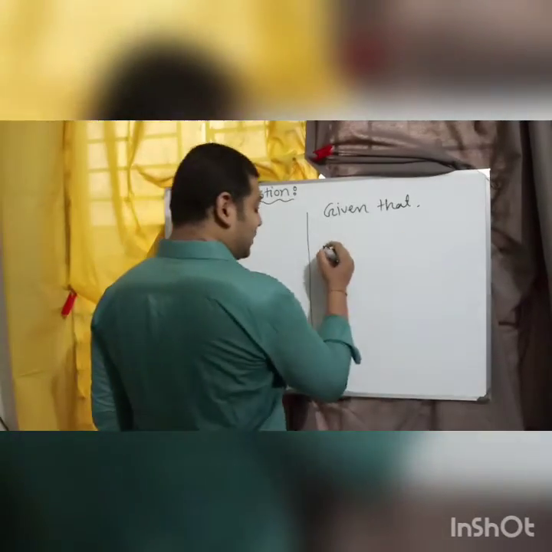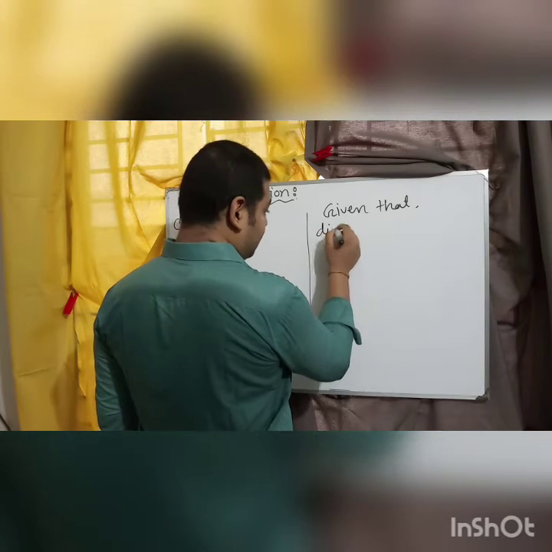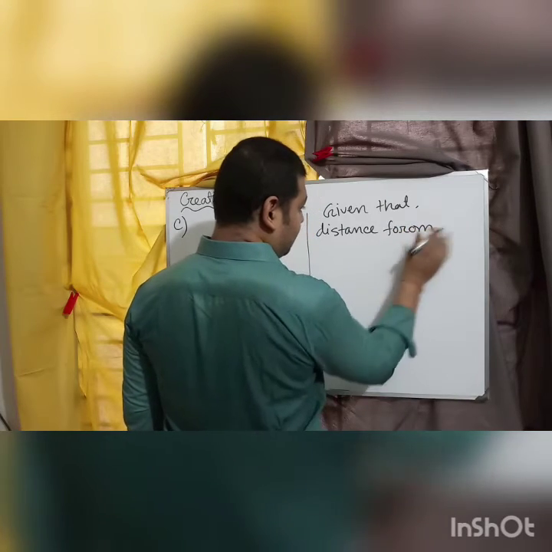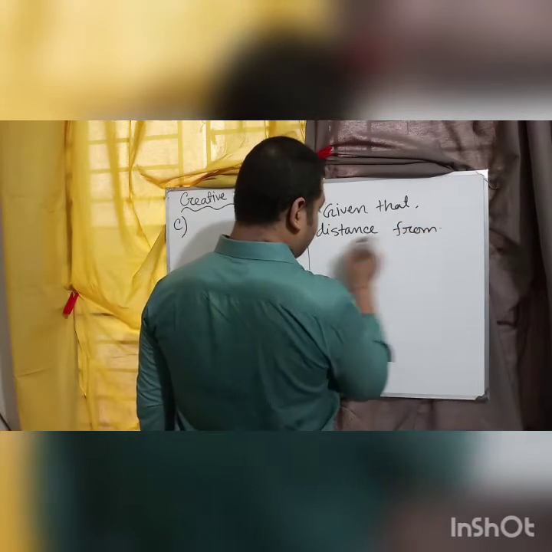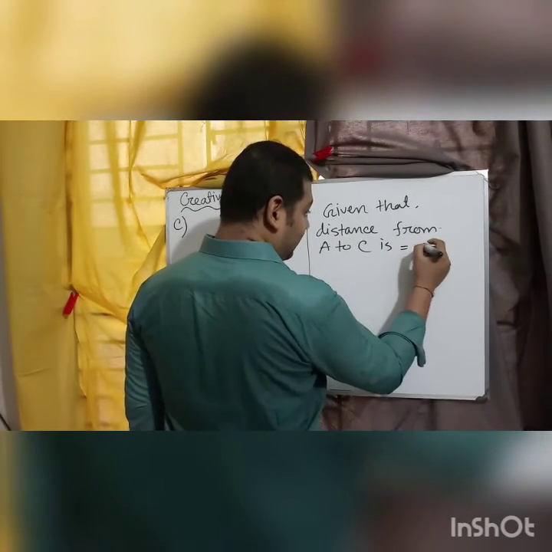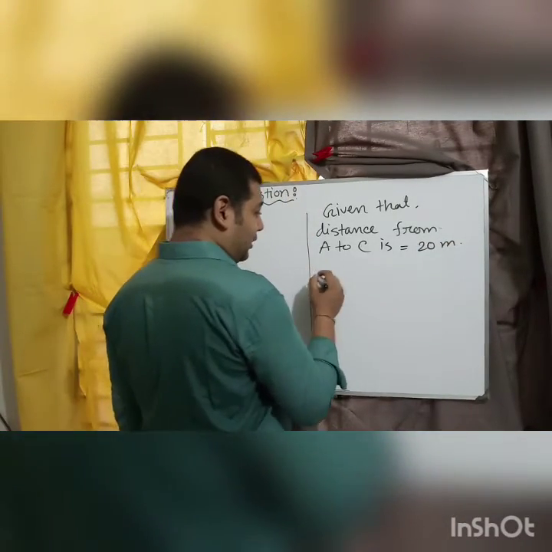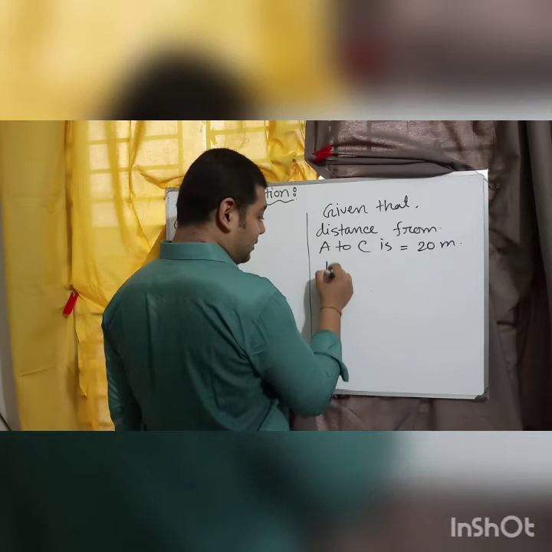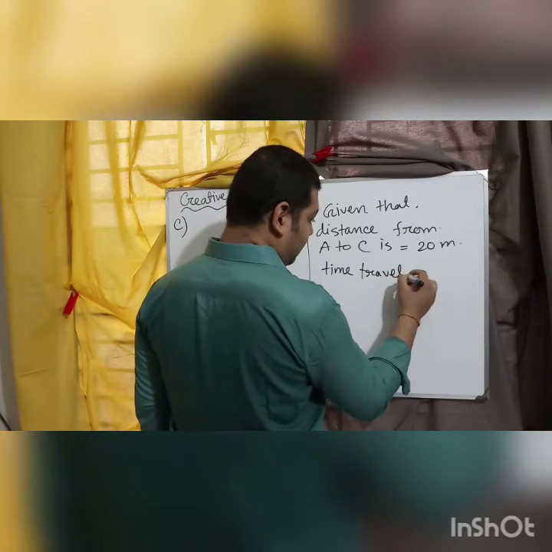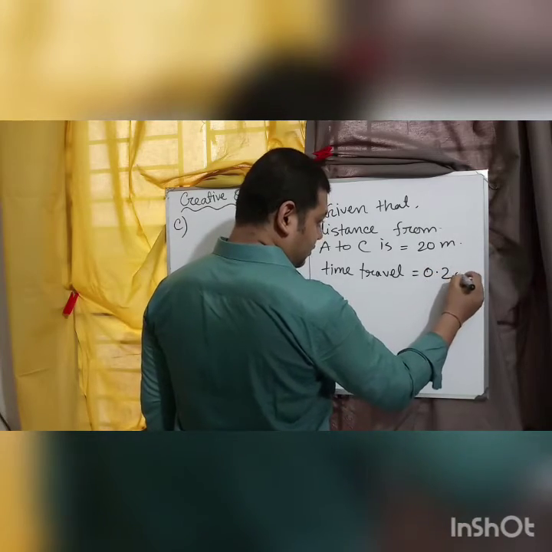So the velocity of the wave: the distance from A to C is 10 meters, and the time needed to cover the distance is 0.2 seconds.